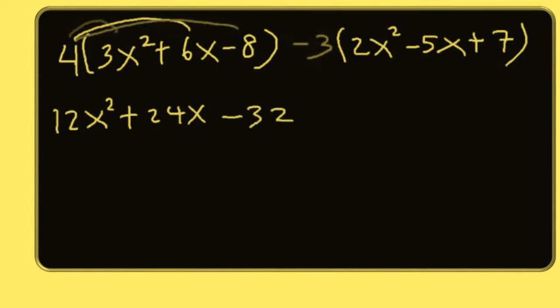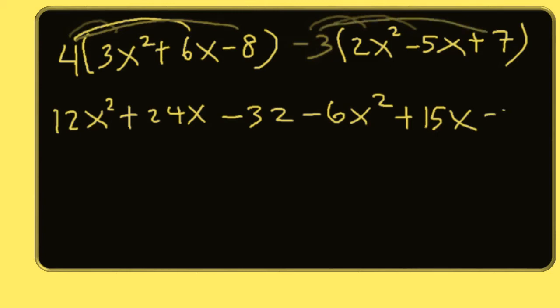Now let us distribute the negative 3 to the three terms on the right. Negative 3 times 2x squared is negative 6x squared. Negative 3 times negative 5x is positive 15x, and finally negative 3 times 7 is negative 21.